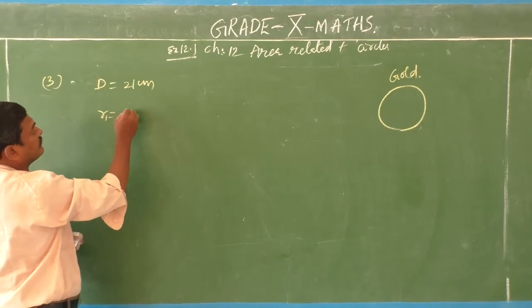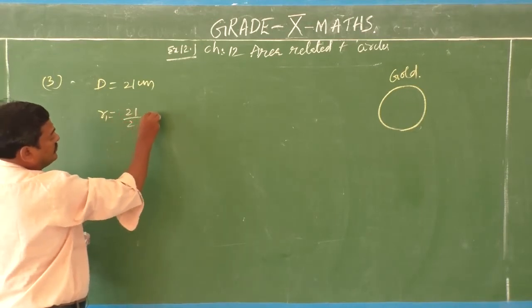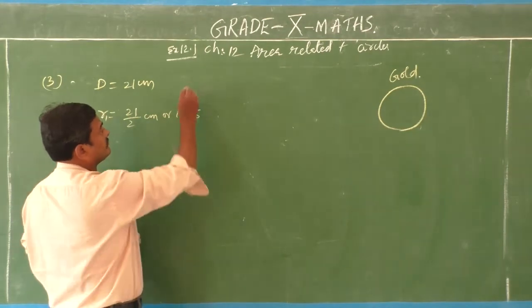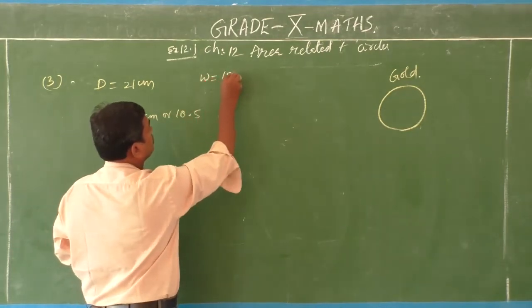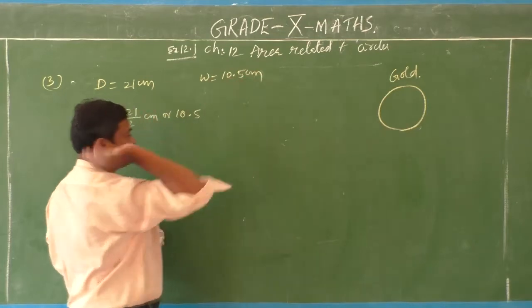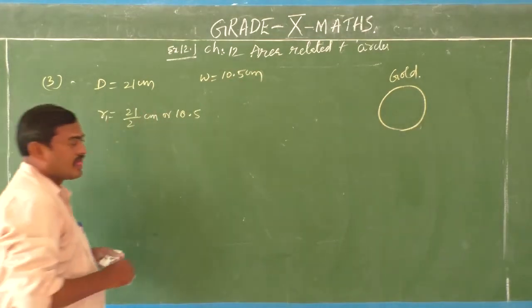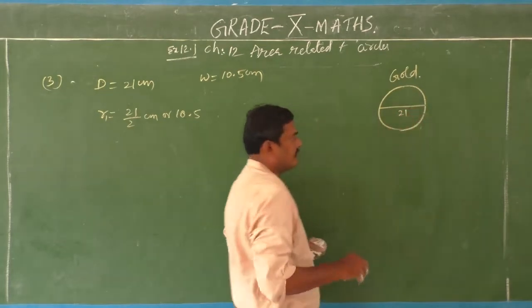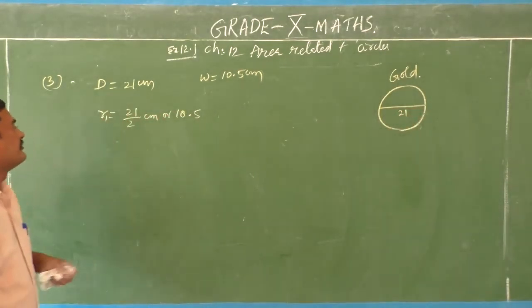Radius R1 equals 21 by 2 centimeter, or 10.5 centimeter, and width equals 10.5 centimeter. The diameter is 21 centimeter, so the radius is 21 by 2.